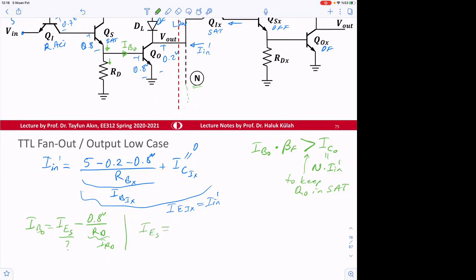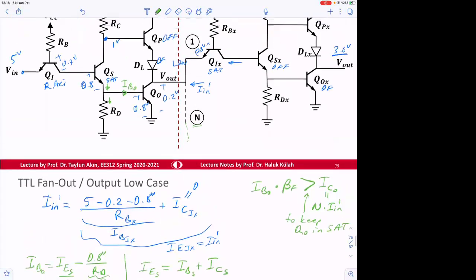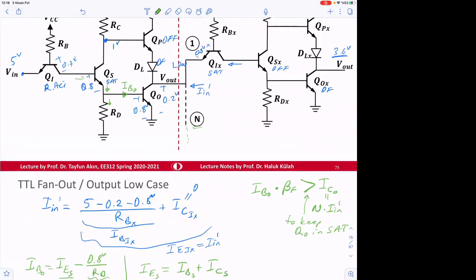IES is equal to IB of S plus IC of S. So we need to calculate this current and then add them, because this is in saturation, not in forward active. In forward active, beta times I base would give us emitter current. But here, they are coming from different sources.